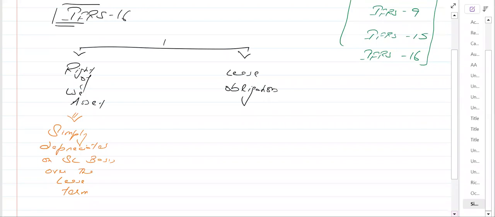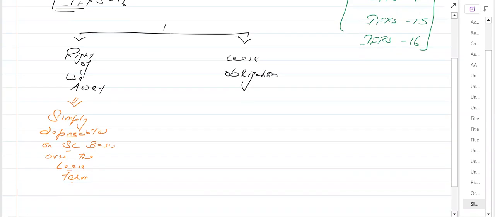But for example, if the asset will be transferred to the lessee by the end of the lease term, then we take the useful life. Otherwise, we take the lower of the two. And usually in the final account question, we simply depreciate the right of use asset on straight line basis over the lease term, whatever it is, 4 years, 5 years, whatever it is.